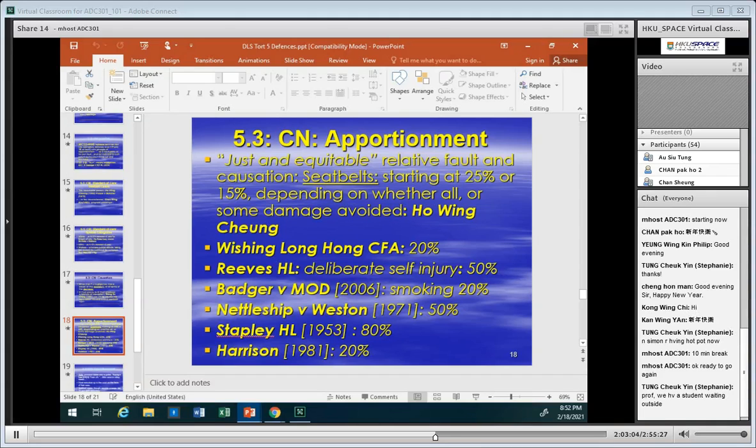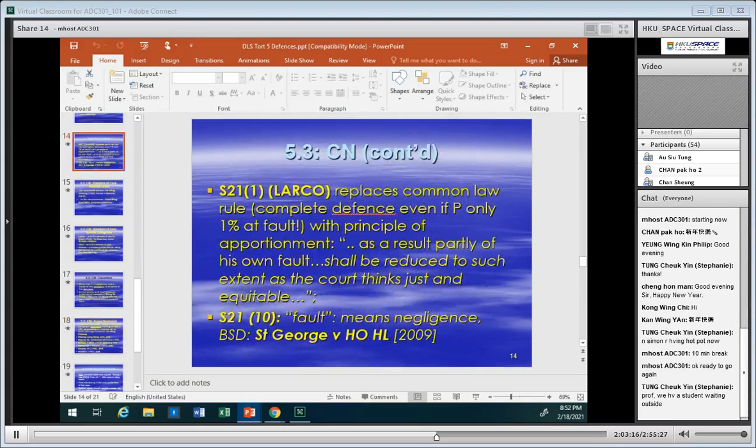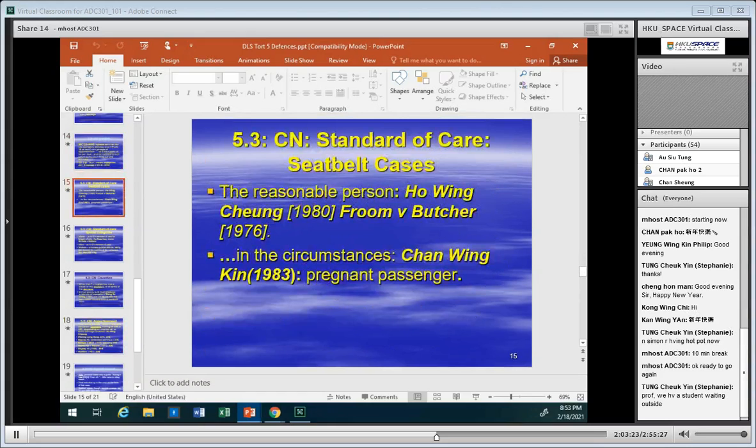Okay, so everybody, even though these cases are interesting and even though the numbers are sort of instructive, if not final, don't forget section 21. Section 21 is the must-know source of law here, plus I would suggest Ho Wing Chung.